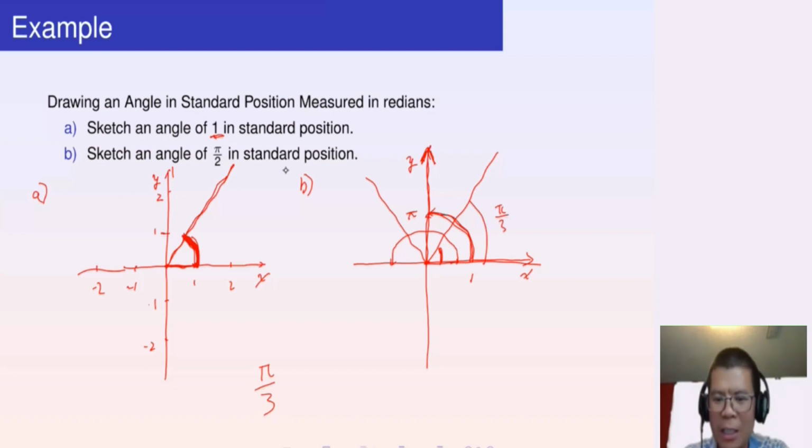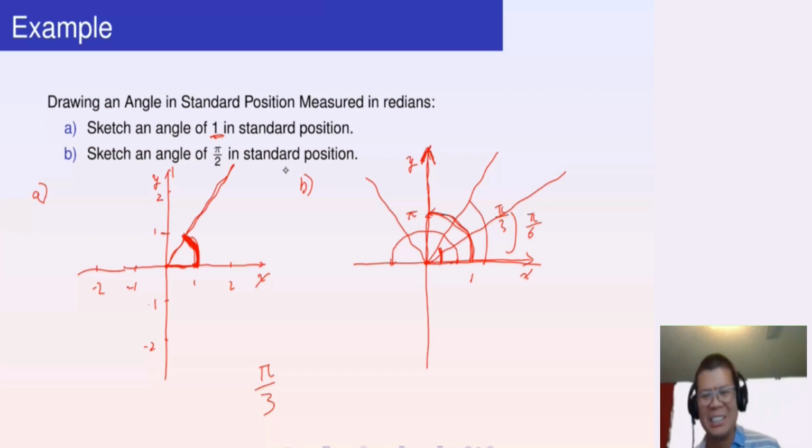If you divide pi over 3 into halves, that's going to be what? Pi over 6. Divide pi over 3 into halves, that's pi over 6. And divide pi over 6 into halves, you got pi over 12, and so on.